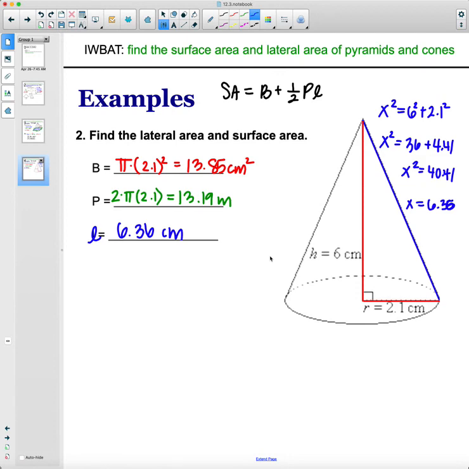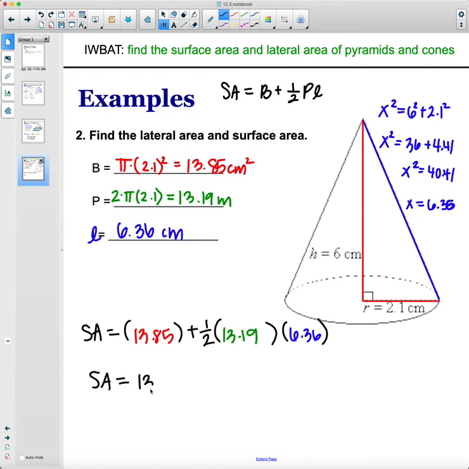Then we would just plug all of this into the surface area formula. So surface area, we would do area of the base plus 1/2 perimeter times slant height. Okay, area of the base, 13.85. Perimeter of the base, 13.19. Slant height, 6.36. Plug this into your calculator.